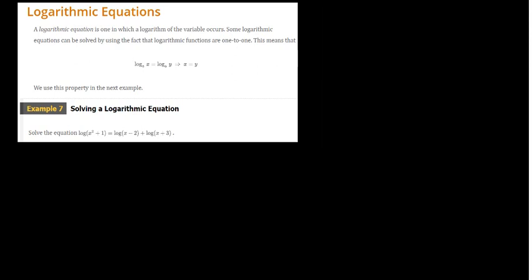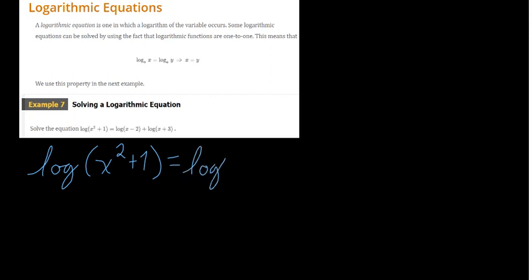This means that, similar to what we did with our exponential problem, where we had some base raised to something equal to the same base raised to something else, we can equate the exponents. We can use that same idea with logarithms. So this is the logarithmic equivalent of example 1.